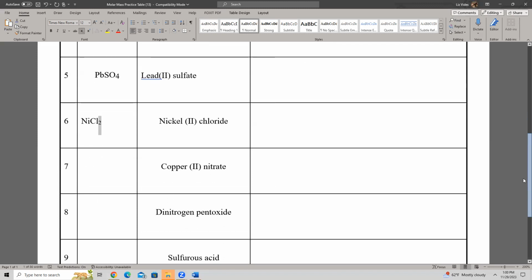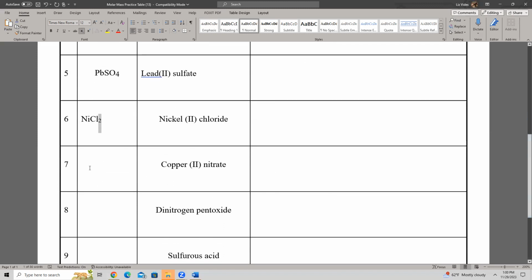Copper 2 nitrate, though, that's going to be interesting because copper is multiplying the nitrate times 2. So now we have a little different situation. And you should know this one also because of the balancing that we've been doing.